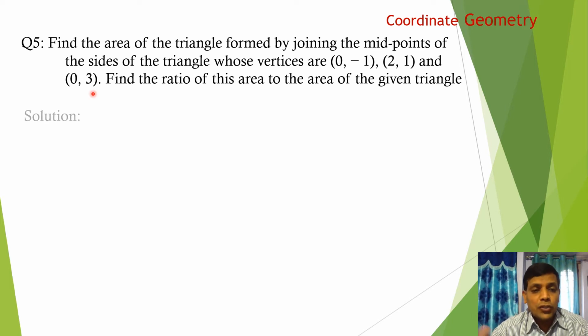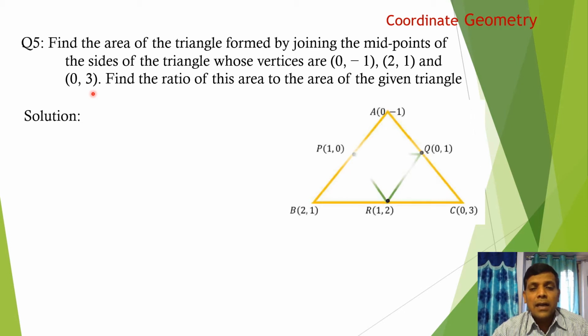Coming to the solution. First of all, draw the triangle and locate the vertices: A (0, -1), B (2, 1), C (0, 3). Are you clear? Based on the question, find the midpoints of the sides.